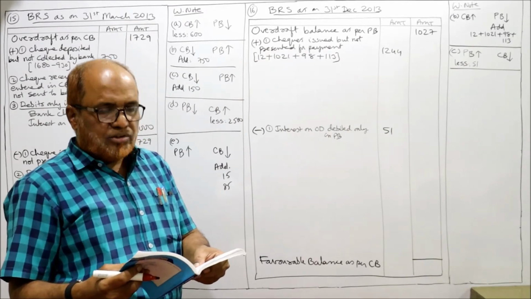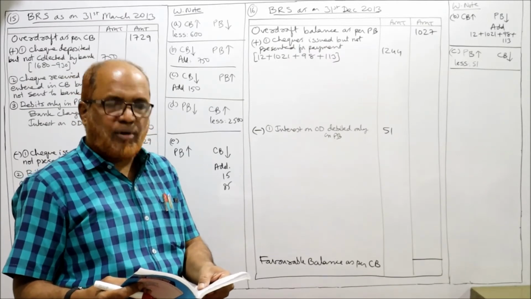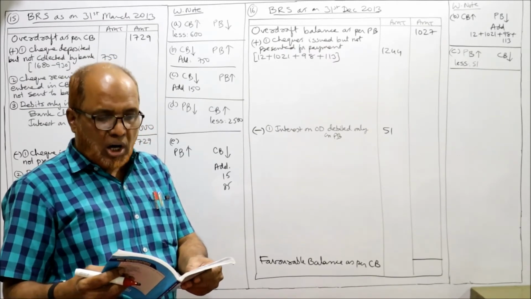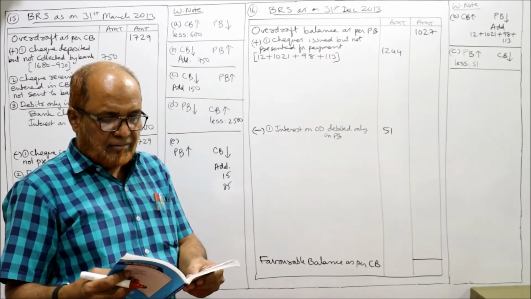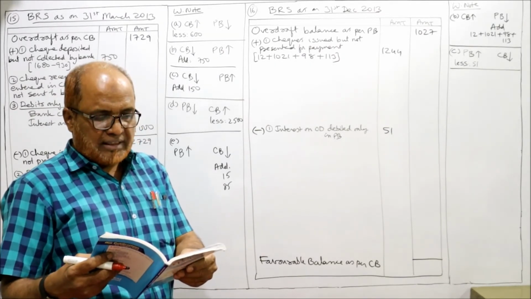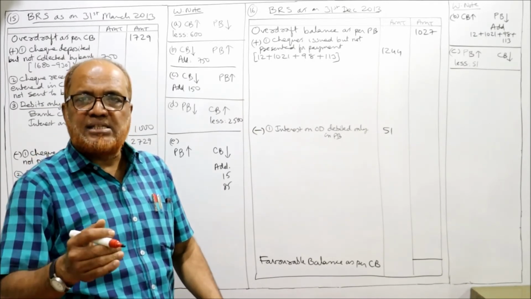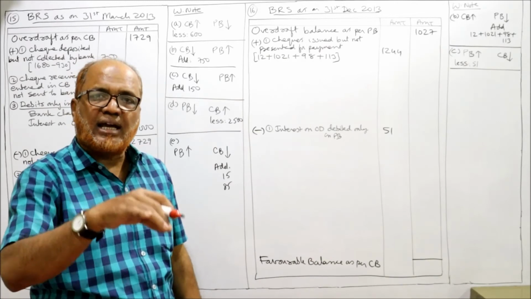Now D item. 3 checks received on 30th December and entered in the bank column of cash book, but not lodged in bank for collection till January 3rd next. So 3 checks are received, 1,160, 2,100, 2,080. So 3 checks were received and entered in the cash book.